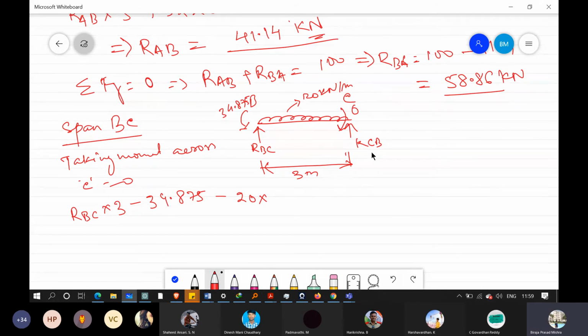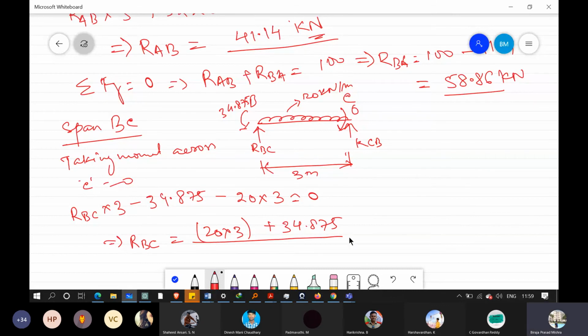Who can tell? 3, sir. 20 into 3, into 3 equals to 0. This implies RBC equals to 20 into 3 plus 34.875 divided by 3. So please calculate. This implies RBC equals to how much kilonewton?